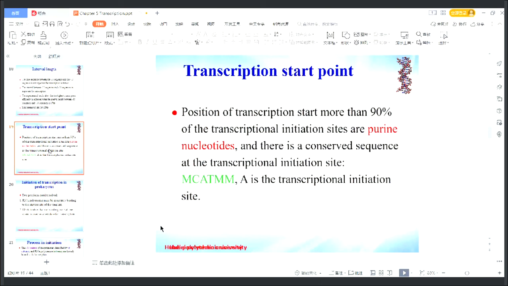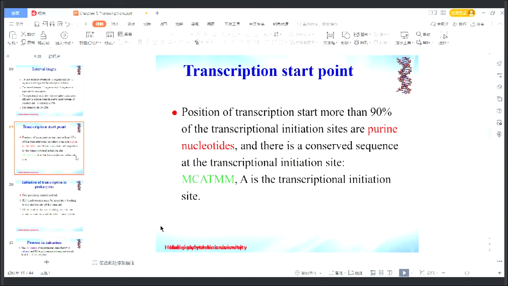Here you can see M means pyrimidine. Maybe it is T or C. And second, it is C. And third, it is A. And the fourth is T. And the later two, you can see, are pyrimidines. And it contains this kind of conservative sequence.